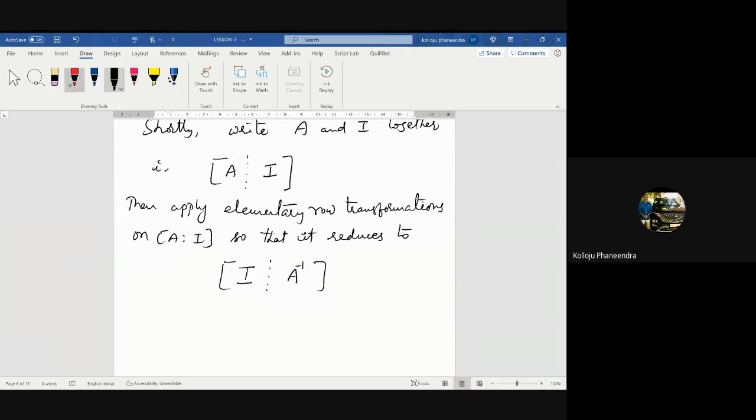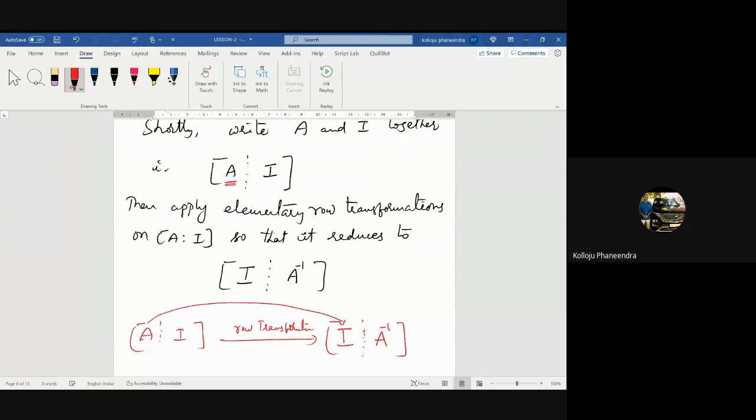That means, briefly, write matrix A and I together. Apply row transformations such that the matrix A is reduced to I. Obviously, then this matrix A I reduces to I A inverse. This is the logic. So always remember, keep the row operations on the entire matrix.